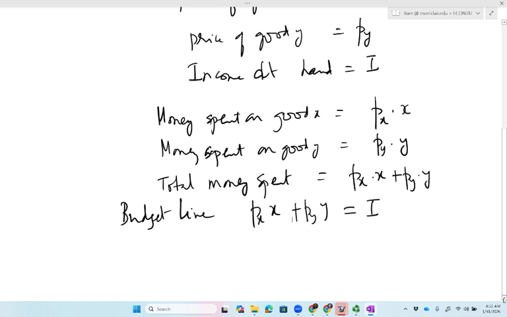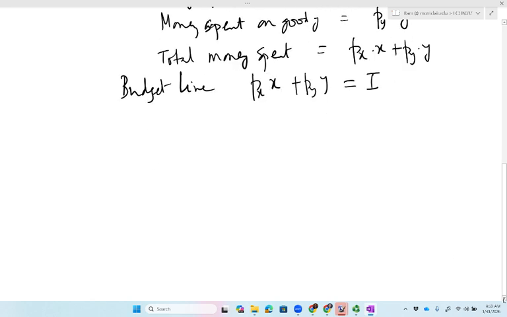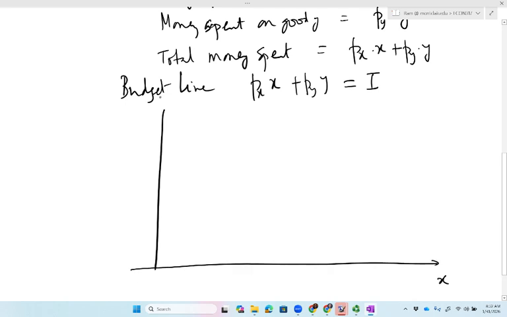If we want to go to the graphical representation of this budget line and the corresponding budget set, again I will draw good X on the horizontal, good Y on the vertical, and we can check the maximum amount of good Y this consumer can buy is I divided by price of good Y. The total income spent on good Y will give us this quantity.